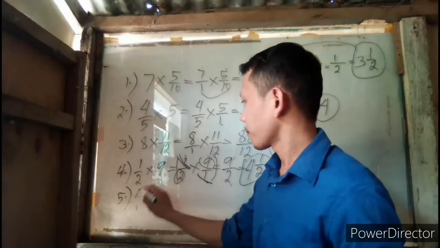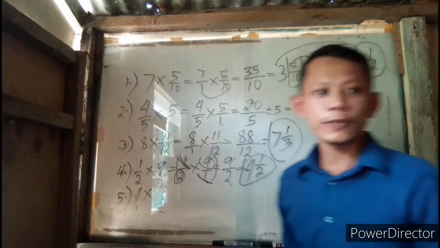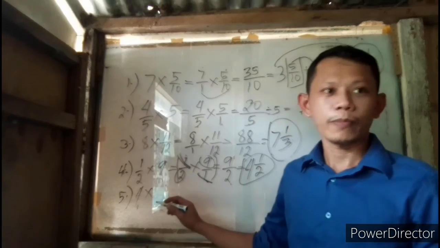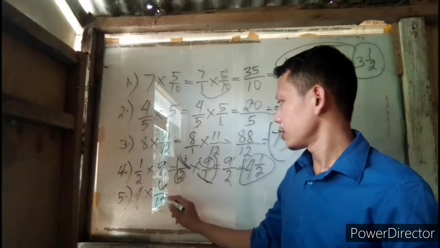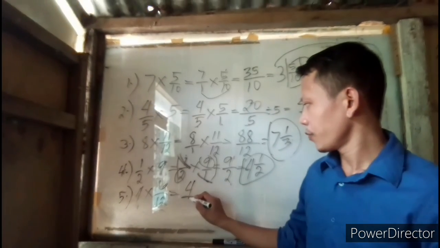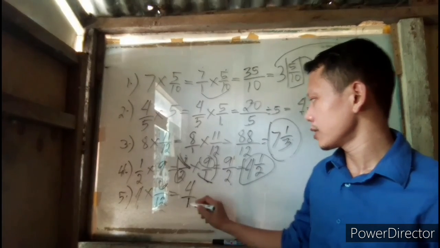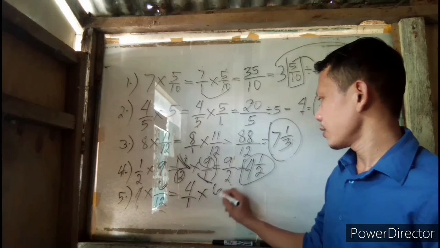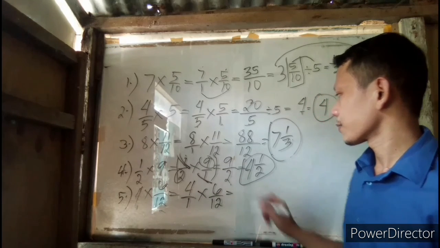Four times 6 over 12. We put 1 as denominator since the 4 is a whole number, times 6 over 12.